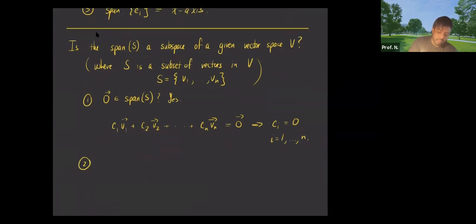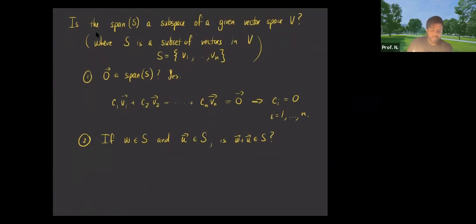Two, let's call this another, if W is in the span of S and U is in the span of S, is W plus U also in the span of S? So again, what does it mean to be in the span? It means that you're a linear combination of V1 through Vn.